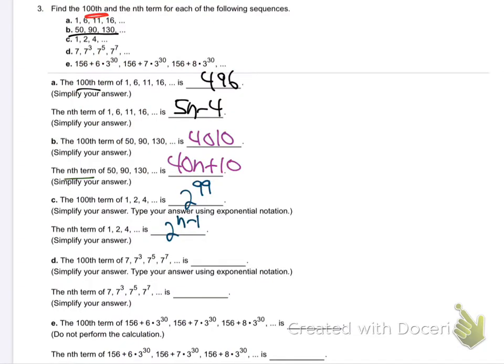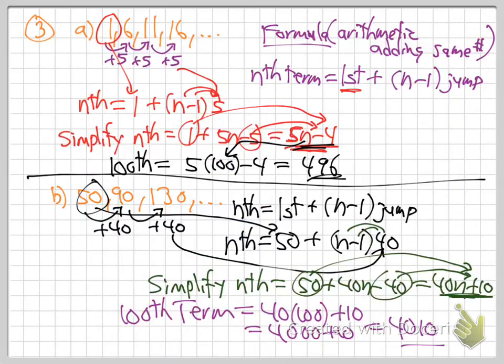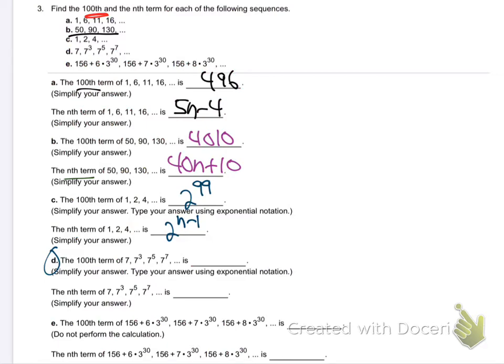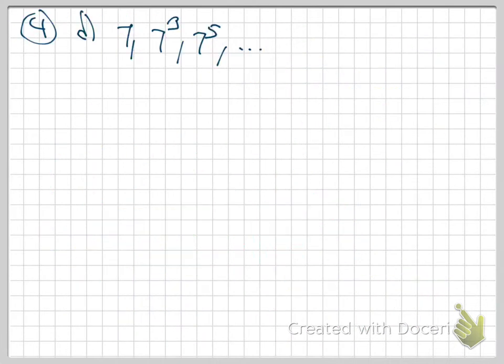Okay, so now part D: 7 to the 3rd, 7 to the 5th, 7 to the 7th. I guess it's one more, huh?